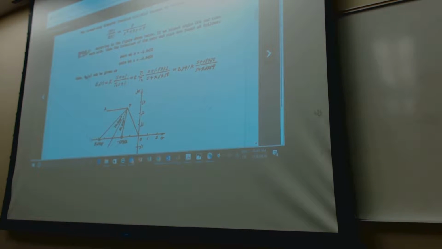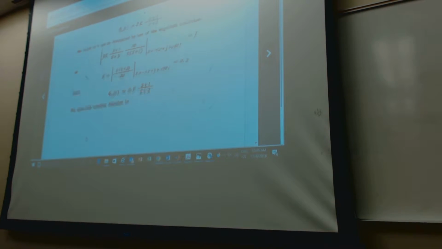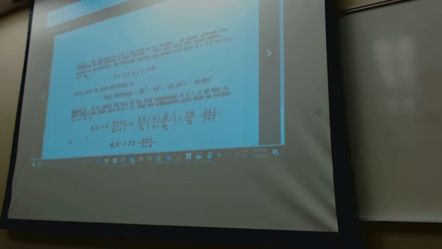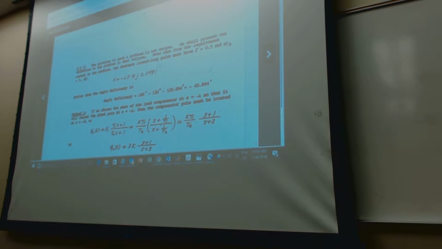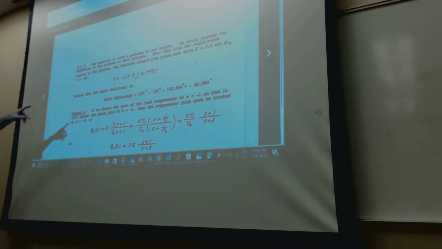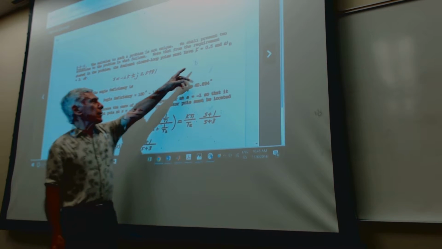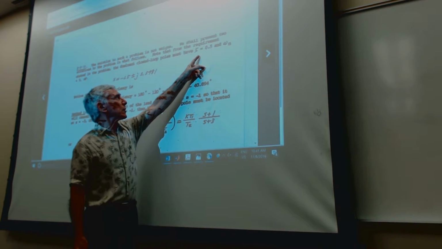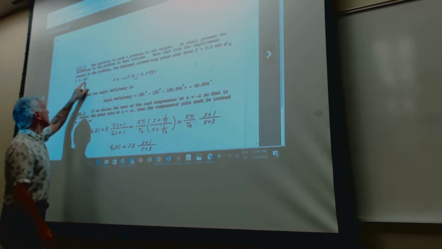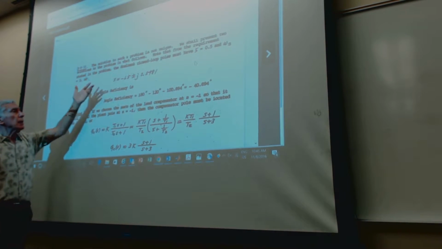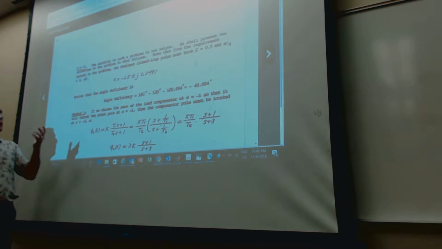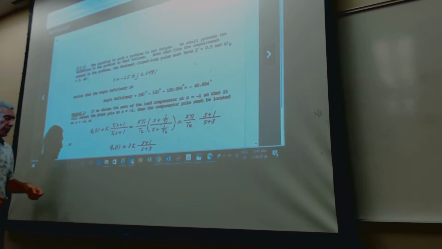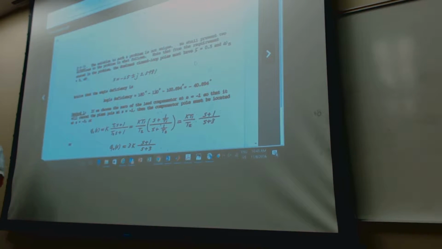The problem is this is 2, this is 1. We're given the damping ratio of 0.5 and the natural frequency of oscillation of 3, and using those two, we can find the desired closed loop transfer function pole.